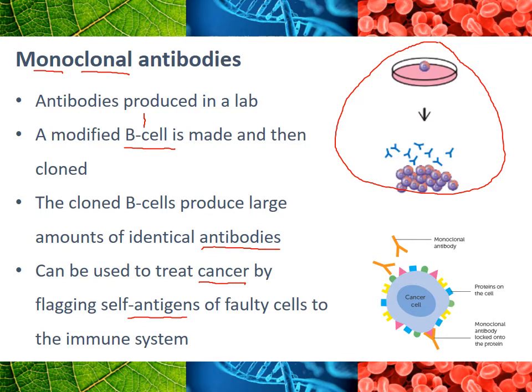Over here we've got a cancer cell, so it's not a pathogen, but it is a damaged body cell that can cause a lot of problems. These antibodies can go and bind to that cell and basically trigger an immune response to get rid of that cell.